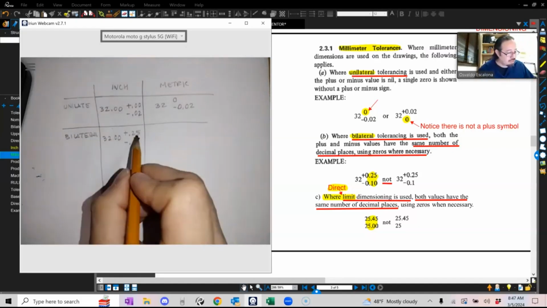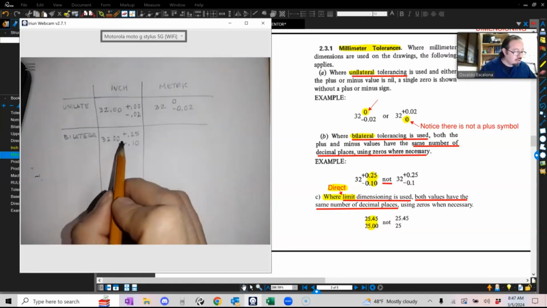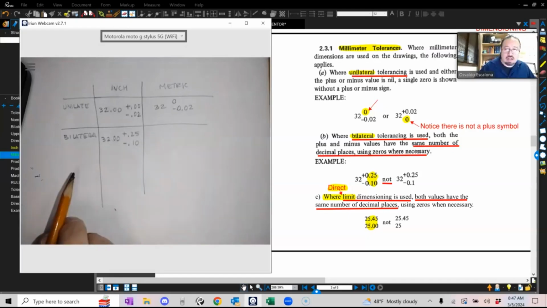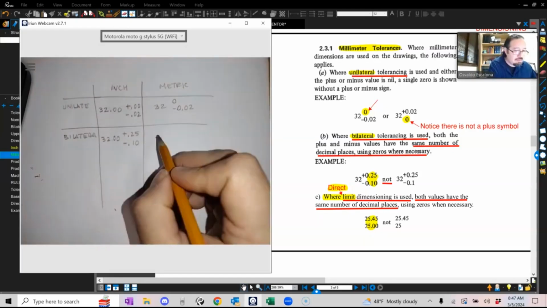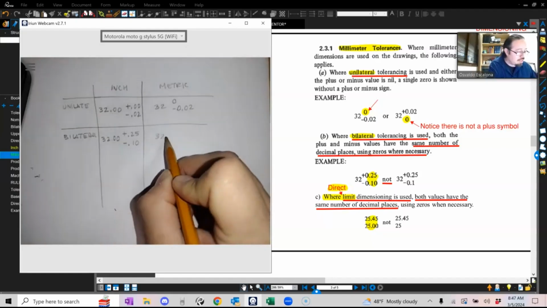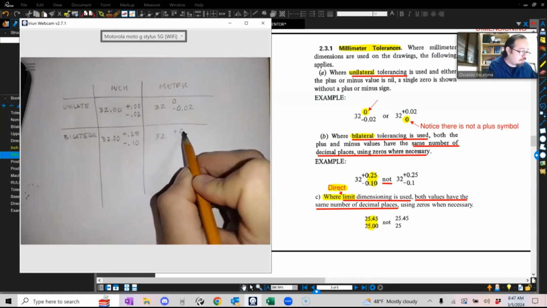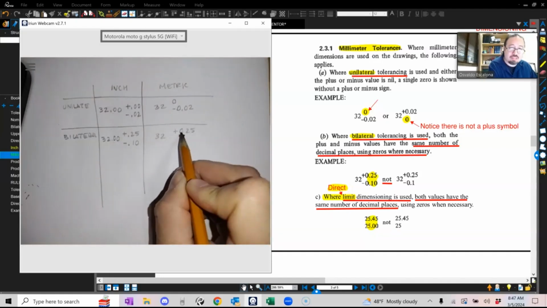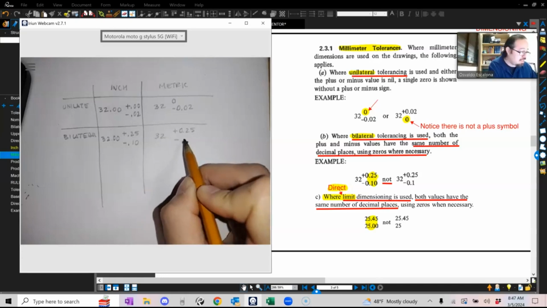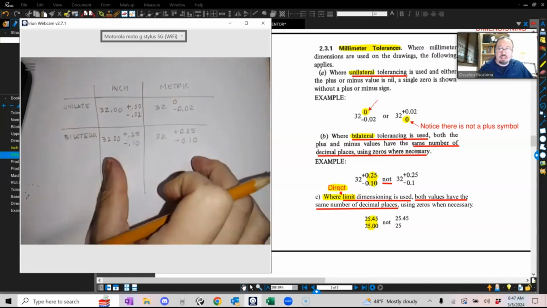Right? Same number of decimal places here, top and bottom. No leading zeros. In metric system, I will have that 32 still there, because it's considered a whole number. And then I will have plus 0.25, and again, I have the leading zero because this is metric, and then minus 0.10. Slightly different.